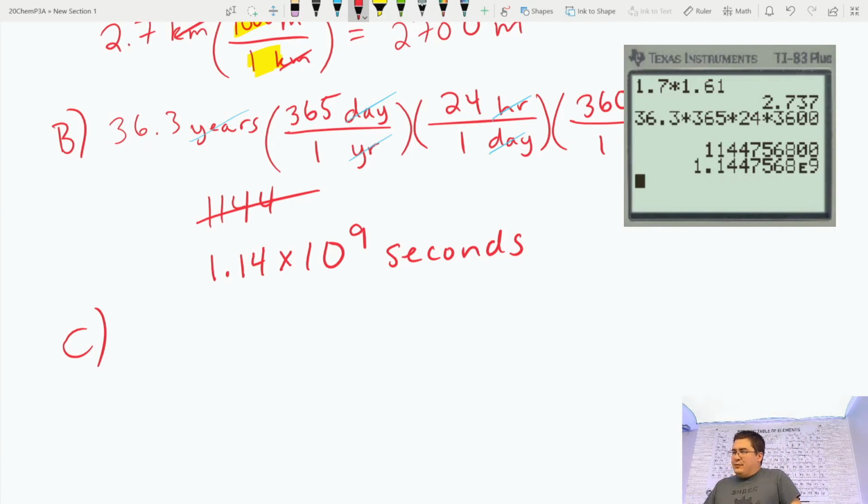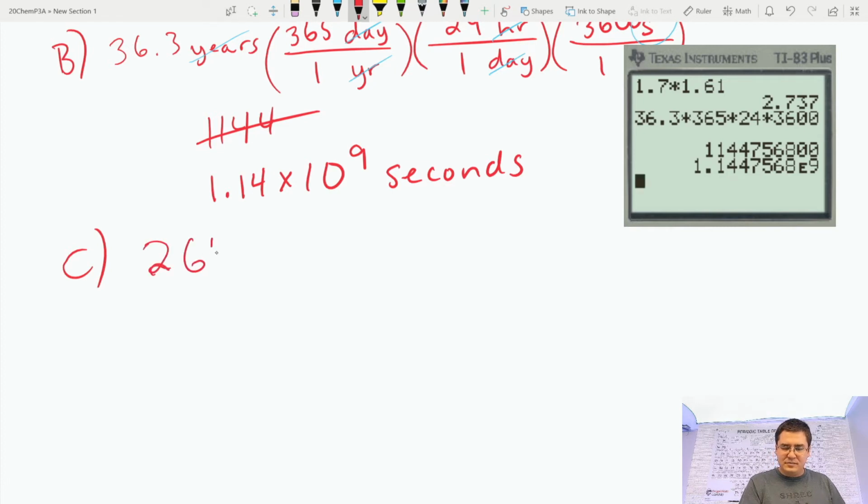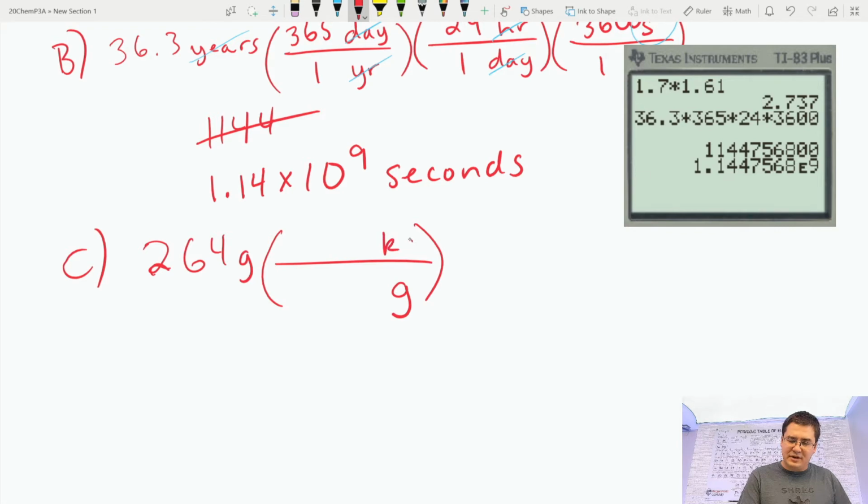Next, a food. I picked a bunch of pears at my parents' house to make some pear sauce. So I grabbed a pear and weighed it. It weighed 264 grams. This time, I need to convert from grams to kilograms. So again, I go from grams to kilograms, and this time something new happens.